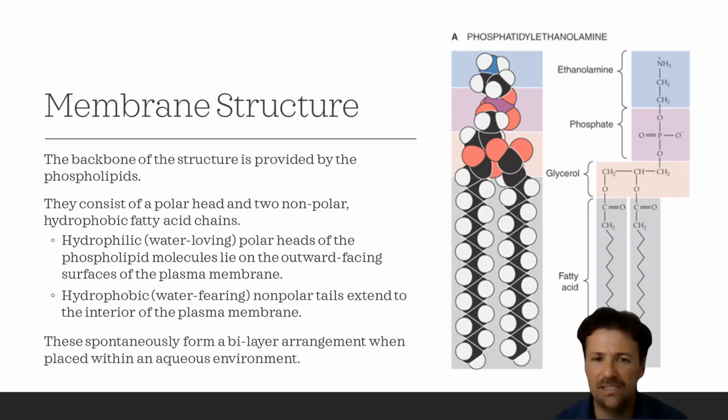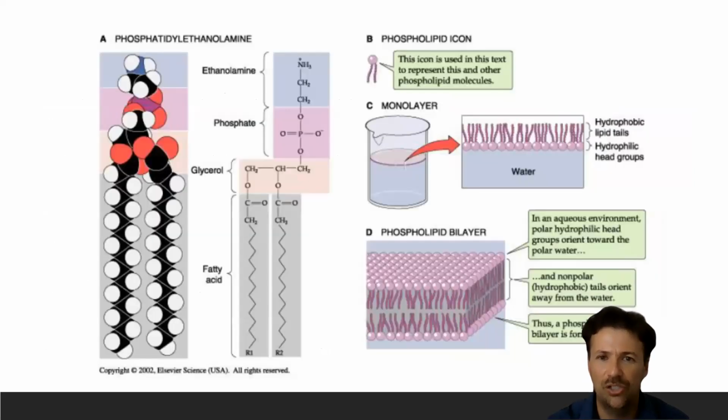And like I said, these can spontaneously aggregate to form this bilayer structure, which is the core of the cell membrane. And this is just shown to you here in this diagram. You see the structure in figure A. Then you can see it forming a monolayer. But if you shake it up, you get a bilayer structure, which is classical for the cell membrane.